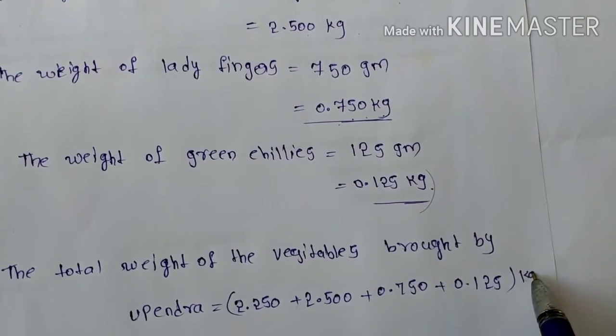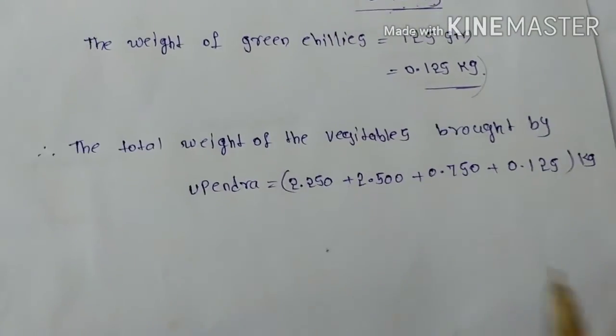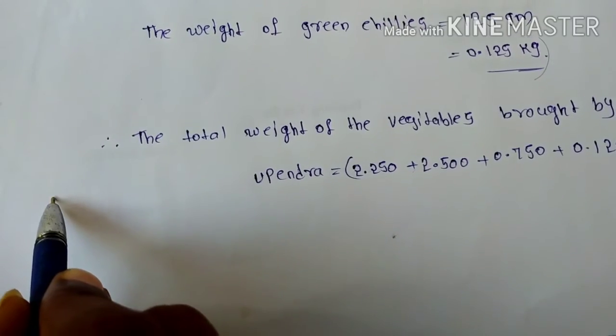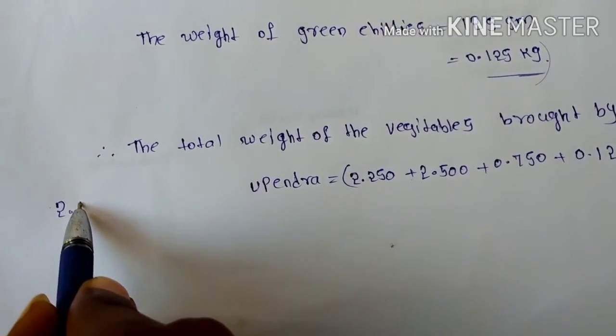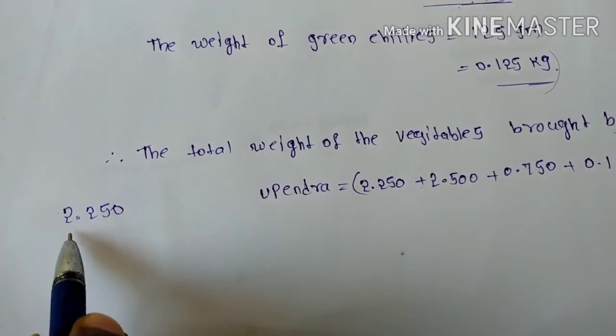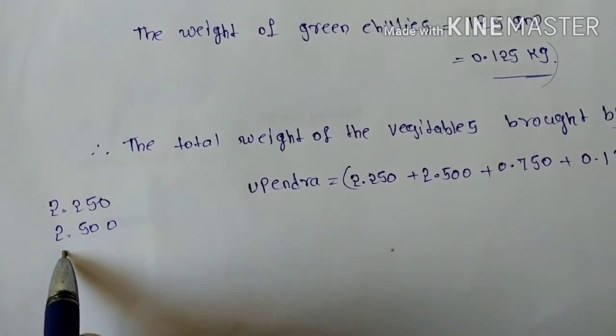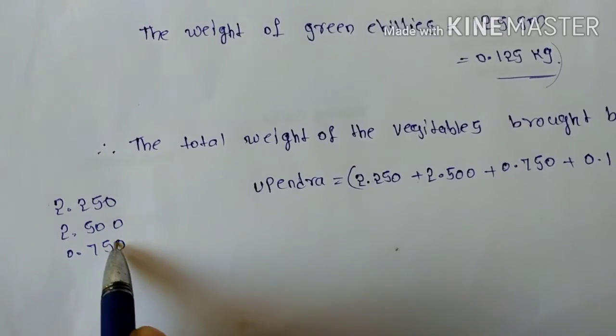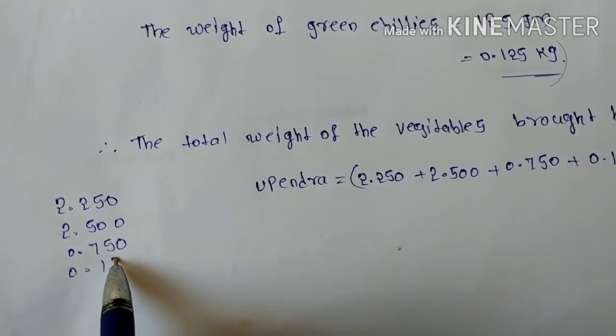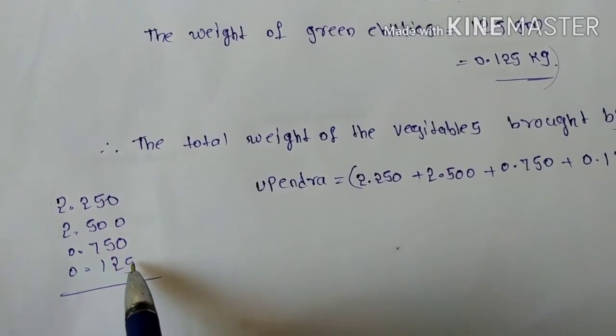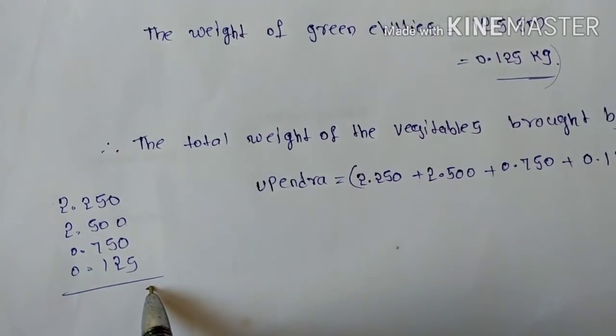Yes or no? Just you can add together. You can see how can you add. Just here I am doing a rough work here. 2.250, 2.500, 0.750, 0.125. 5, just you can add here, 5 only.